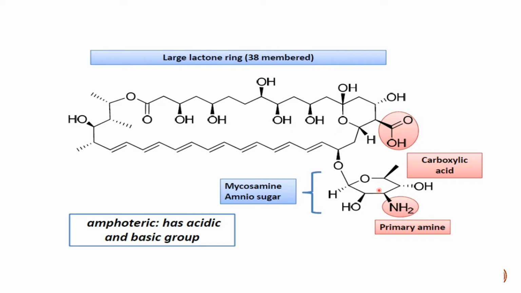It has a lipophilic structure that contains the pharmacophore, which has 4 to 7 conjugated double bonds. The number of double bonds correlates directly to activity and inversely to toxicity. Therefore, the higher the number of double bonds, the higher the antifungal activity and the lower the toxicity.